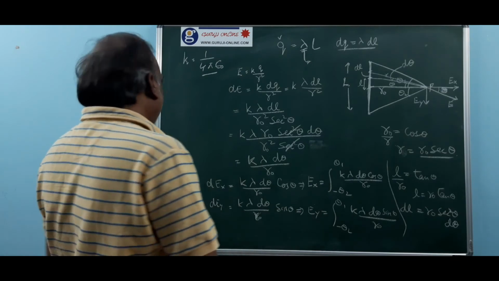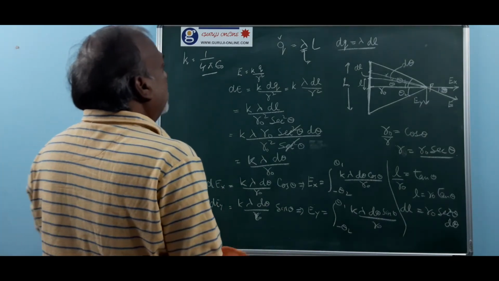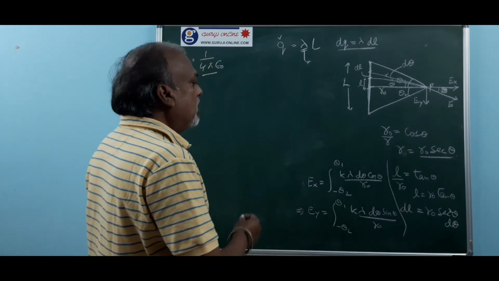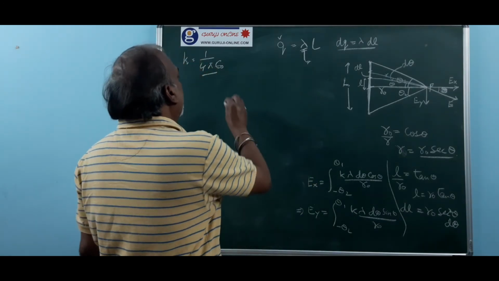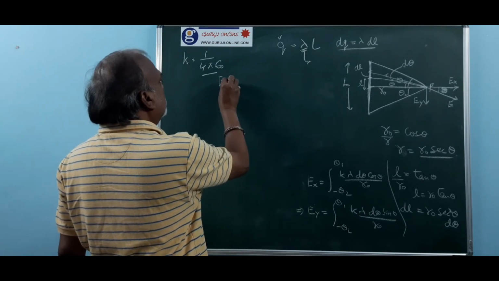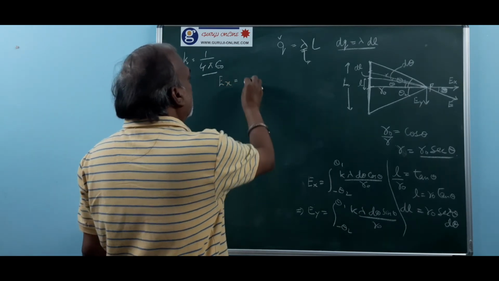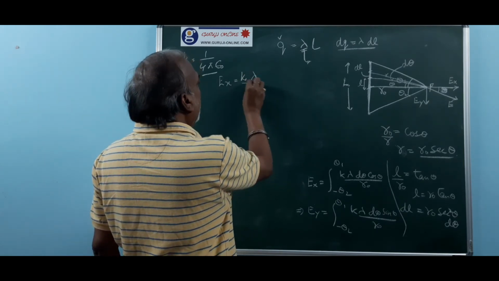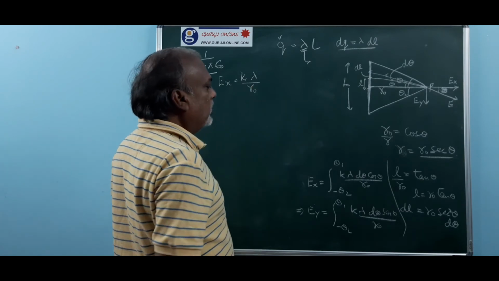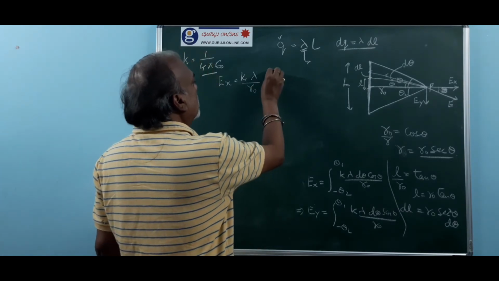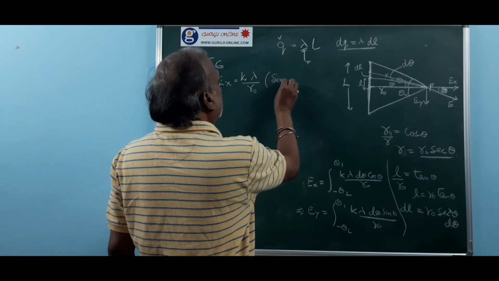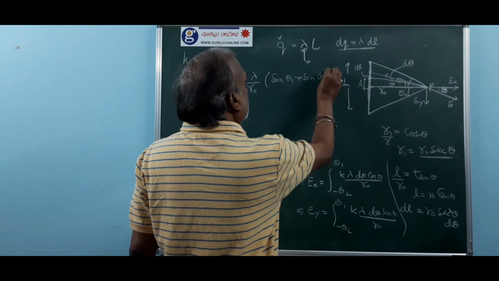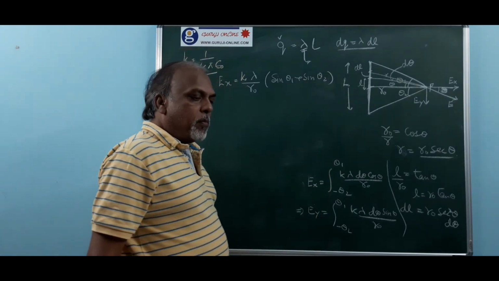Now let us see what is Ex and Ey after integrating. After integrating Ex and putting these values, your Ex will come as K lambda upon R0 times sin theta 1 plus sin theta 2, correct?